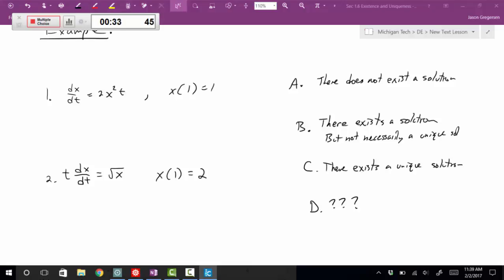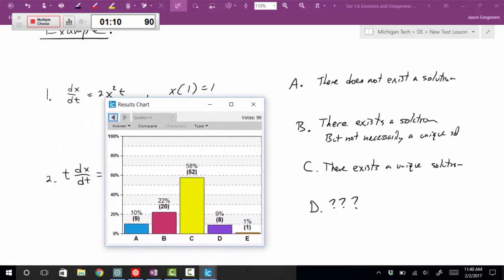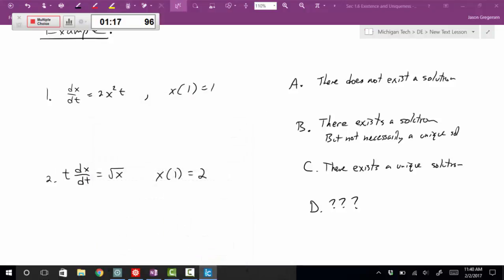Show me which case we're in. Early polling results leaning towards C. People who aren't confident are now changing to C. All right, let's see if that's right.